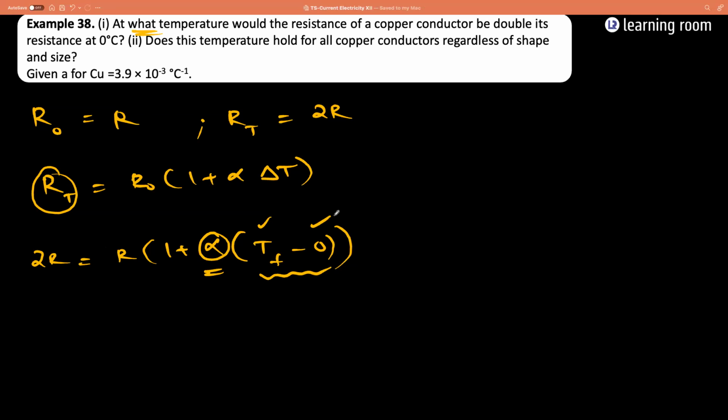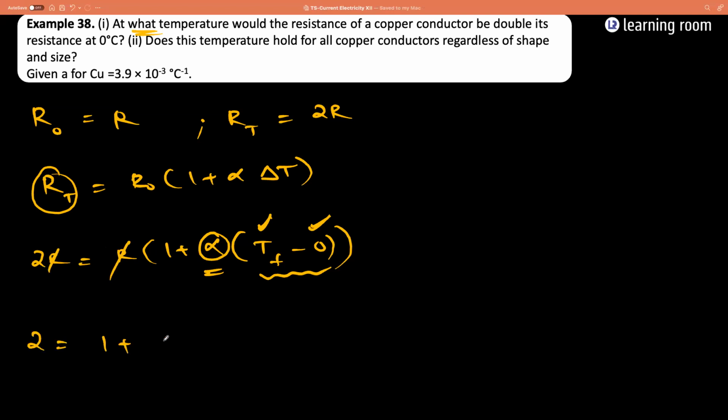Yes, sir, because 373 minus 273 is 100, and 100 minus 0 is also 100. That's right. So how will you convert degree Celsius to Kelvin? You will add 273, no? So here and here you will have 273, which will get cancelled.